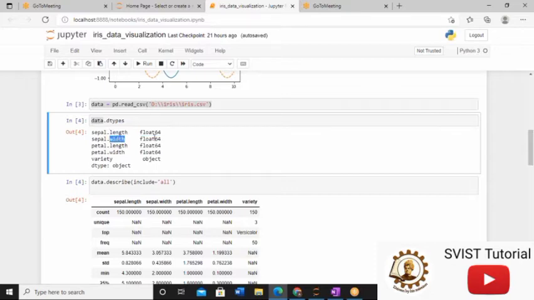This is the second column and this is the data type. So it is defining the data type of each and every column that is present in my data set. And the last column is variety, where we have Setosa, Versicolor, Virginica. This kind of names, species names, and the last column is of type object.